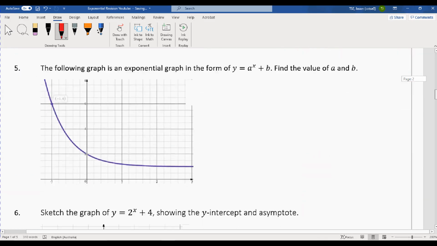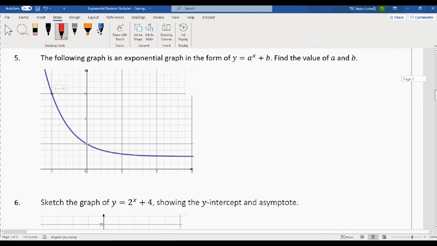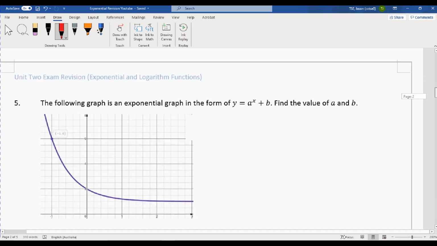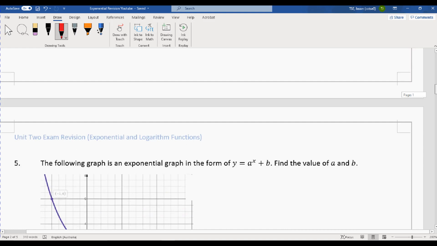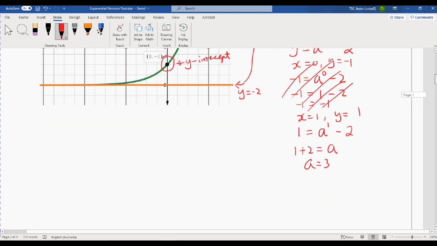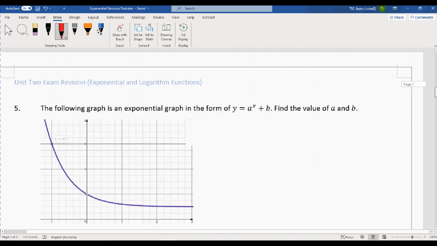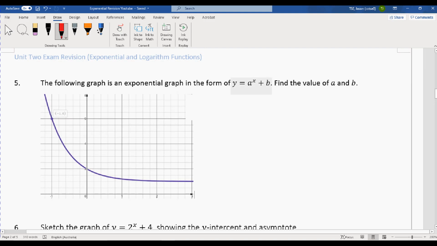For the purple graph, the graph approaches the horizontal asymptote when x tends to infinity, on the positive end of x. So we will expect to see a different type of value of a here. In the previous case, a is 3, which is greater than 1. So you should expect the a for this graph to be less than 1.